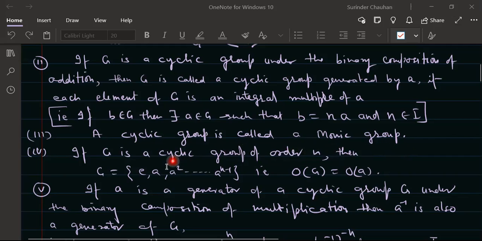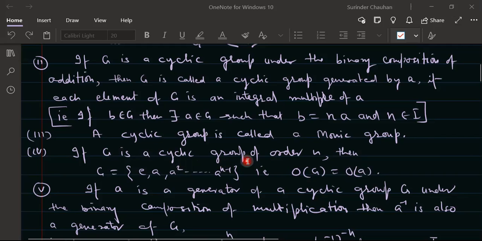Then G will have how many elements? If the order of the cyclic group G is n, G will have n elements, and the order of the group will also be equal to the order of the generator.